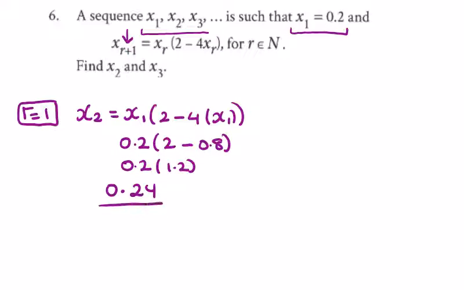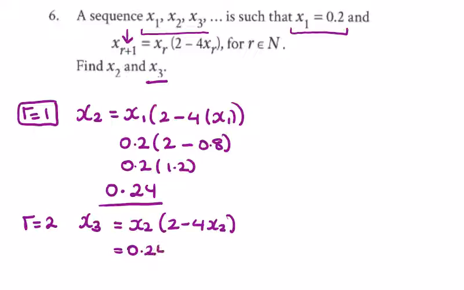so 0.24. When r is equal to 2, we're going to get x3. We're asked to find x2 and x3, so it's going to be x2 times 2 minus 4 times x2, which is equal to 0.24 times 2 minus 4 24s are 96, so 0.96.